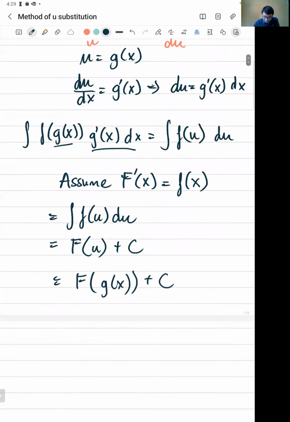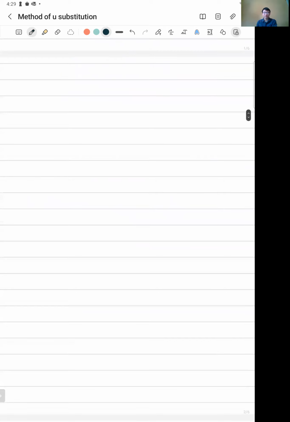Okay. Now I'm going to introduce the first problem, which is exactly the problem from when I started introducing guessing in the previous video. I introduced this function and asked you to guess what the result is.